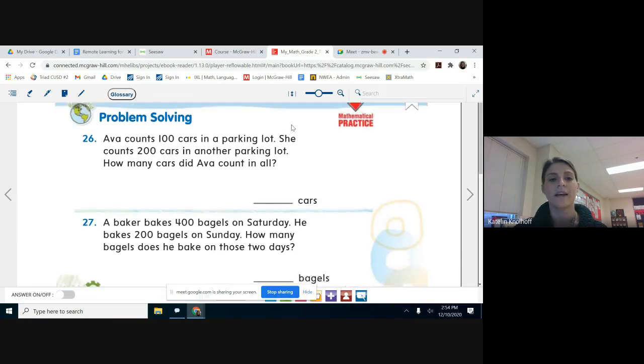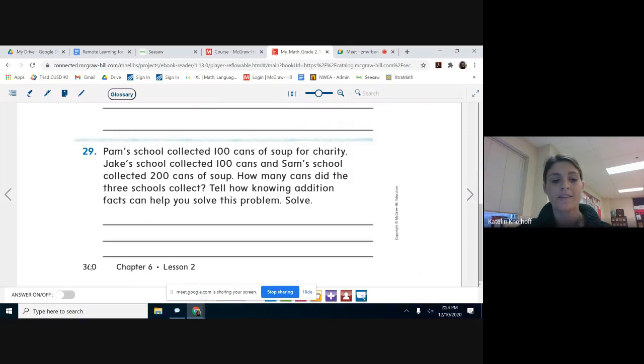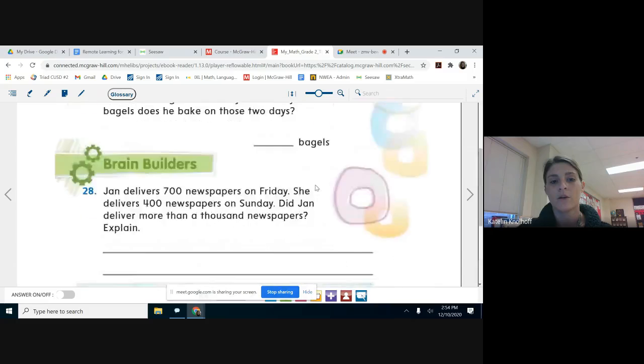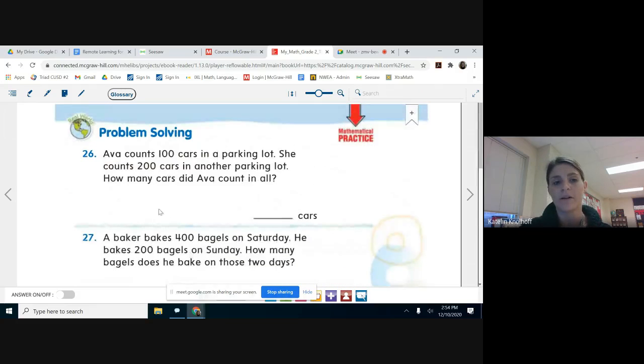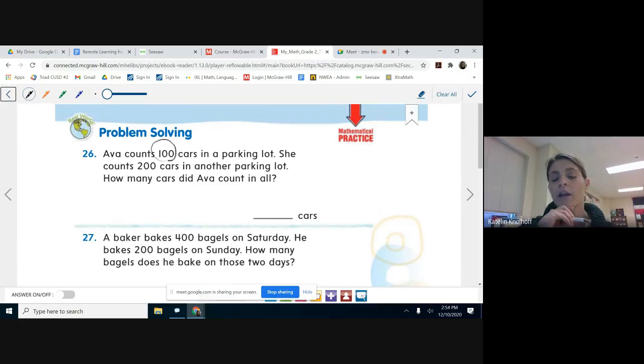All right, 26. Ava counts. So please turn to page 360. We're going to do our word problems together, our problem solving, number 26. Ava counts 100 cars in a parking lot. She counts 200 cars in another parking lot.